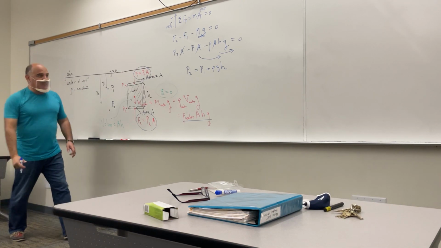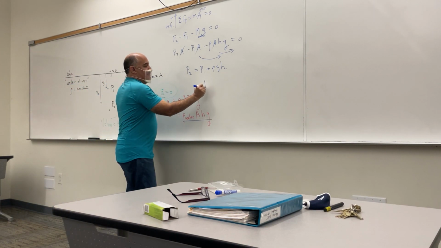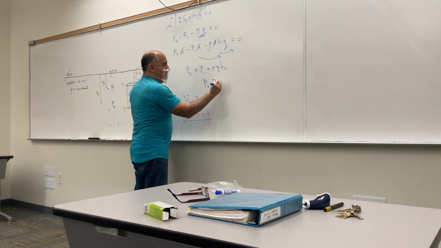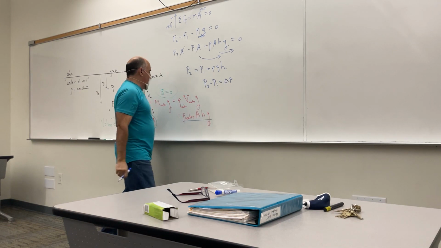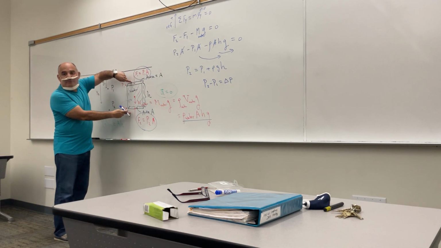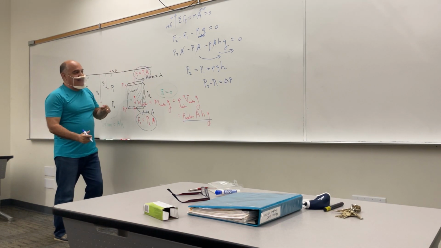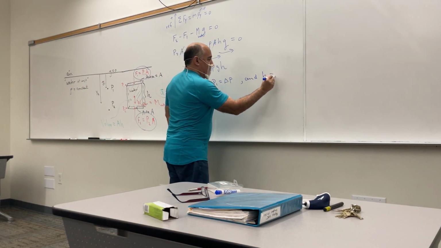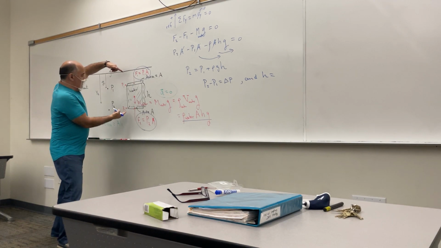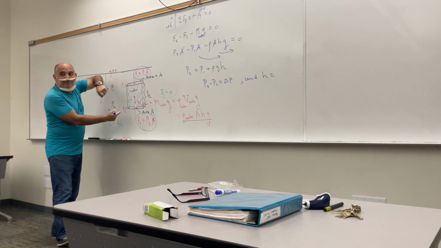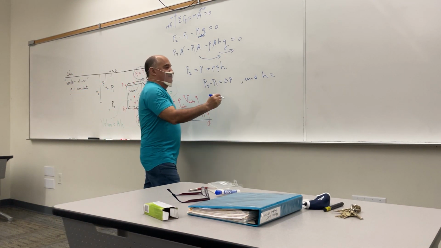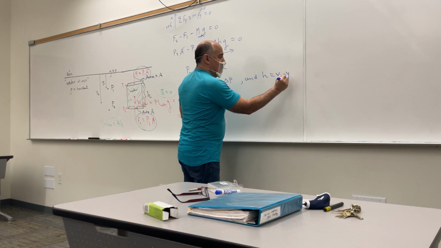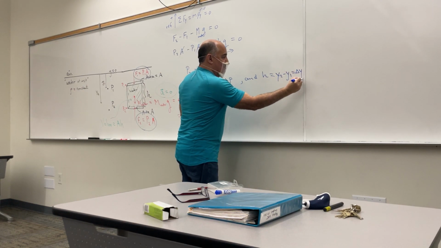Notice that I could say that P2 minus P1 is the change in pressure from here to here. And notice that h is the change in y, Y2 minus Y1, which is like a delta y.